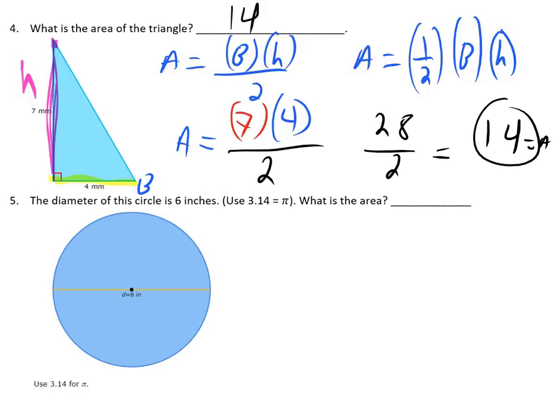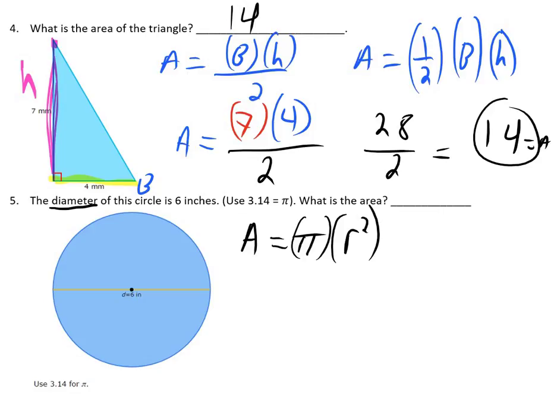And then finally, we get into number 5. This is kind of a tricky question. The diameter of the circle is 6 inches. If 3.14 equals pi, what is the area? Well, let's think about what the formula of a circle is first. Area equals pi multiplied by the radius squared. This is where it gets tricky. I didn't give you the radius here.